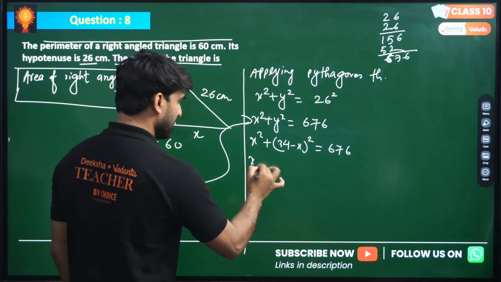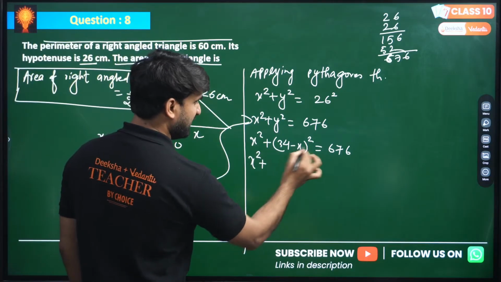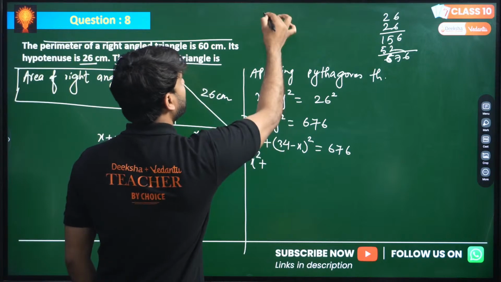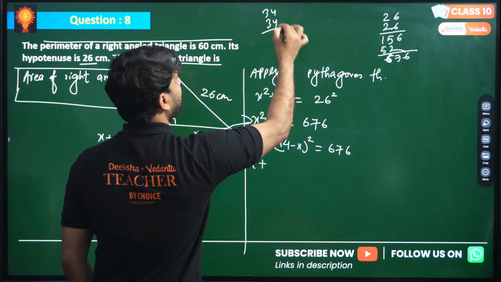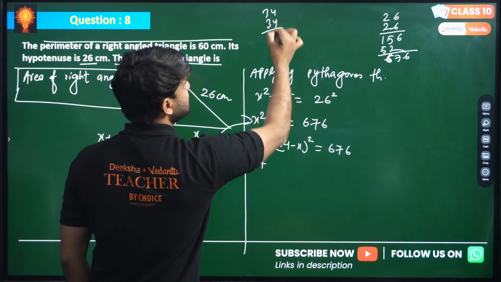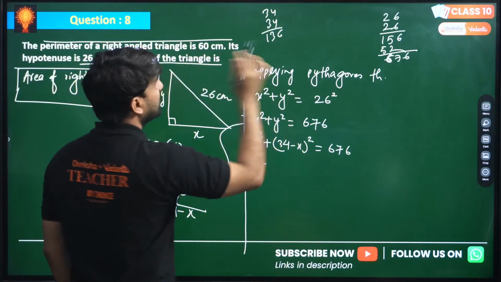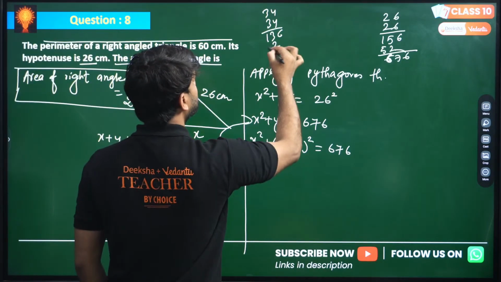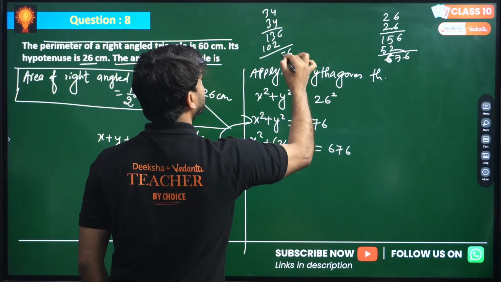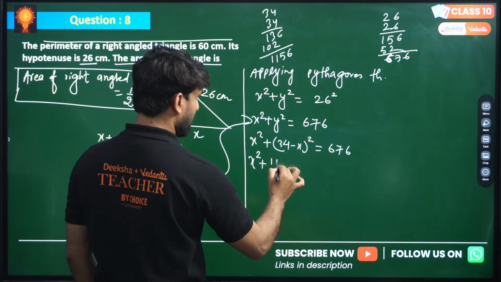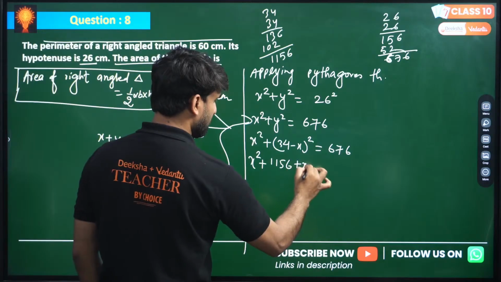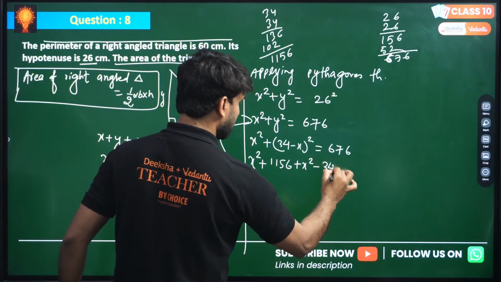Now solve this. x square, and this is (a minus b) whole square, so 34 square, and what is 34 square? This is 1156. a square plus b square minus 2ab, minus 34x.